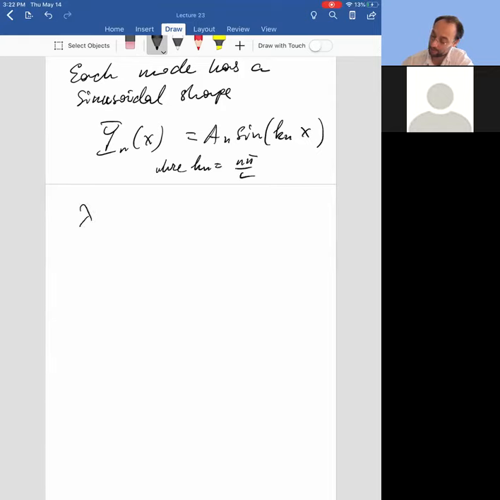And by the way, the wavelength, what's the wavelength? Well, we have 2 pi over k sub n equals lambda sub n.